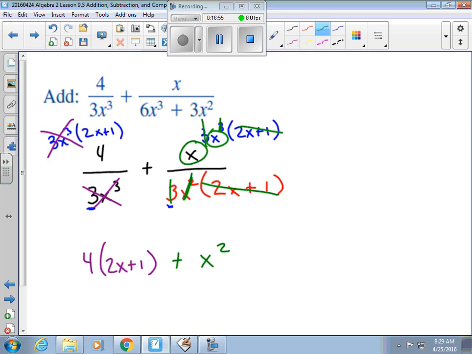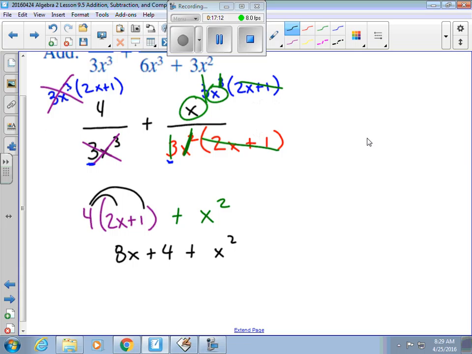So now all you have to do from here is distribute 4 times 2x to get 8x, and 4 times 1 to get plus 4. Then it says plus x squared. We don't have any like terms at this point, so just reorder it to make it standard form. Put the largest degree first, x squared plus 8x plus 4, and then again it goes back over your original common denominator.